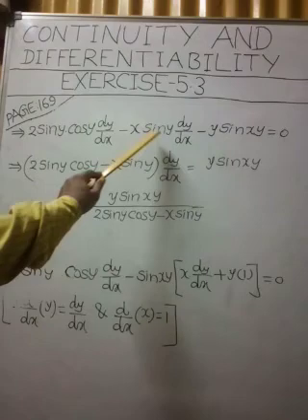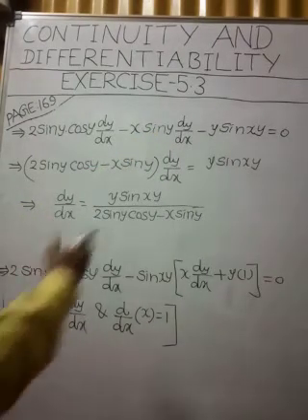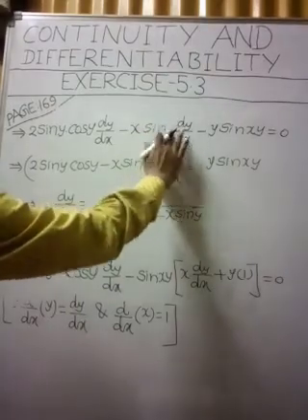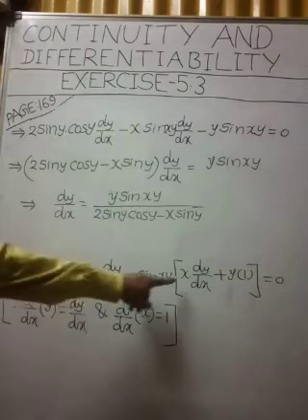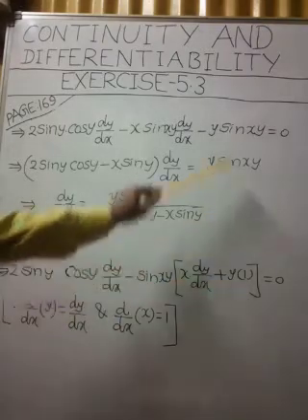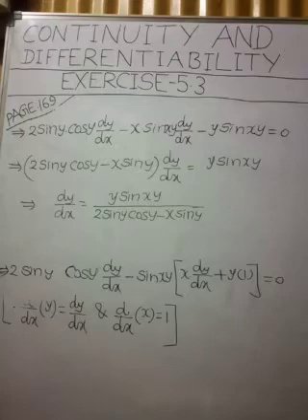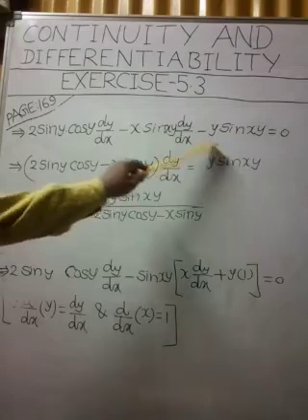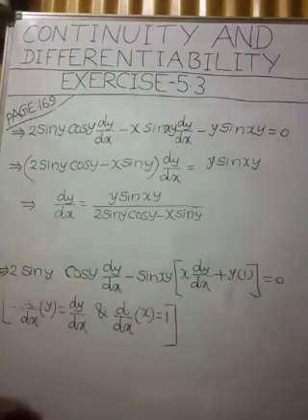Minus x sin xy dy by dx minus sin xy dy by dx minus y sin xy is equal to 0. Understood, my dear children? Right. Now, understood these two terms, my dear children. We have used the distributive property here.